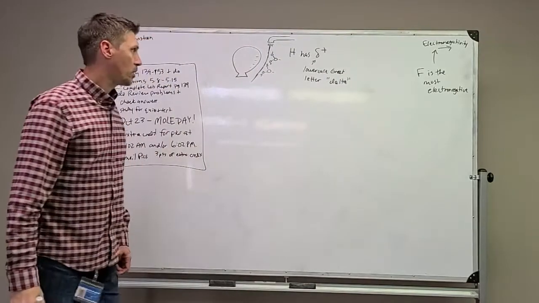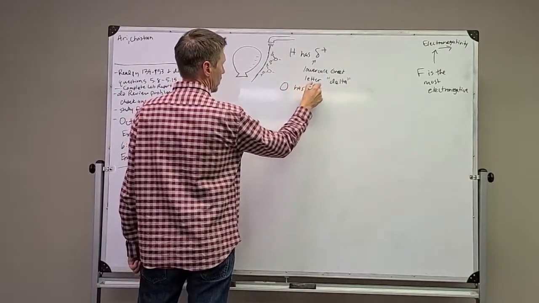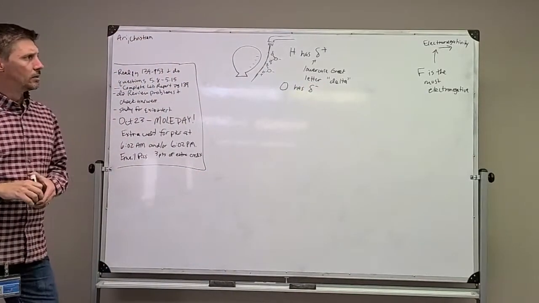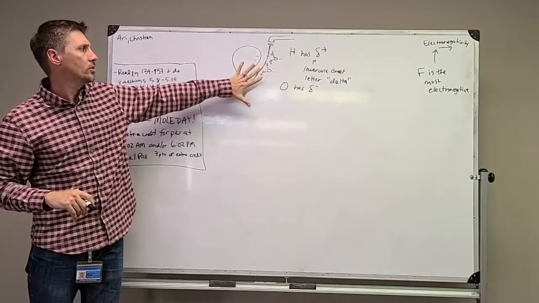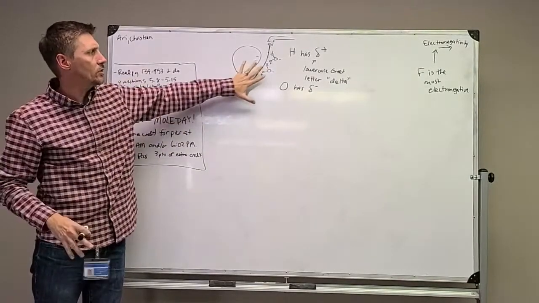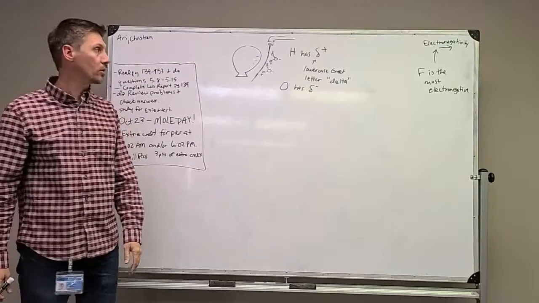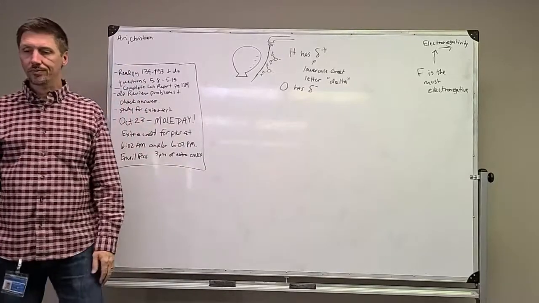So hydrogen has a partial positive charge, oxygen has a partial negative charge. And that's why the water bent, because the water molecules rotated so that the hydrogen atoms were attracted to the balloon. And it caused the stream of water to move towards the balloon.